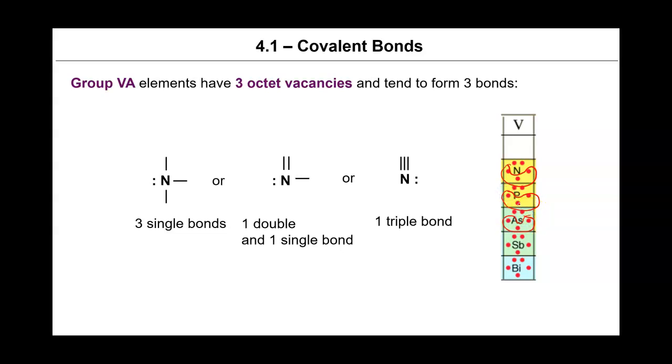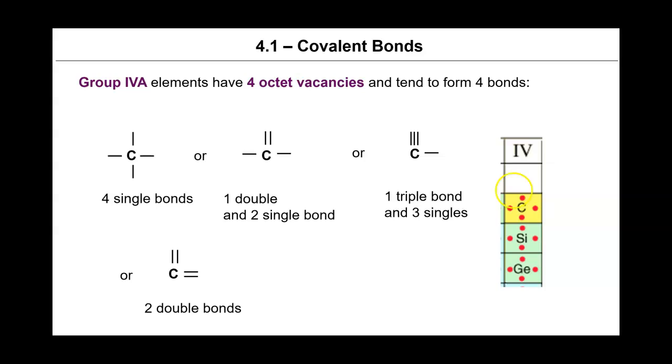So typical bonding patterns that we might expect would be 3 single bonds, a double bond and 1 single bond, or alternatively just the 1 triple bond. So as we move to lower group numbers, we're getting greater diversity in the bonding patterns that are possible.